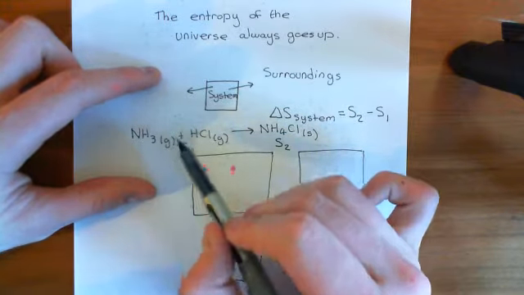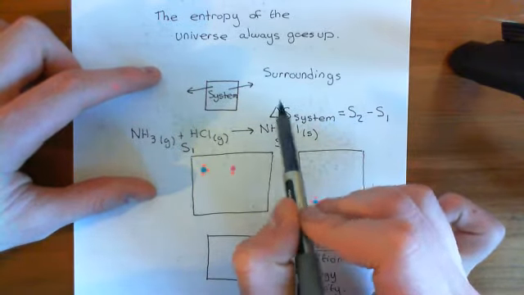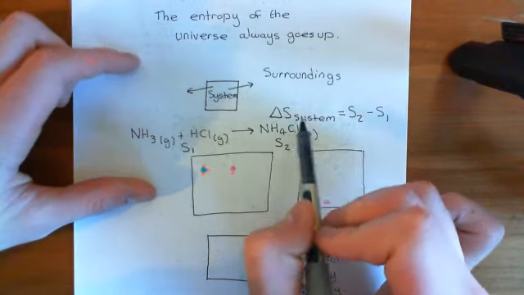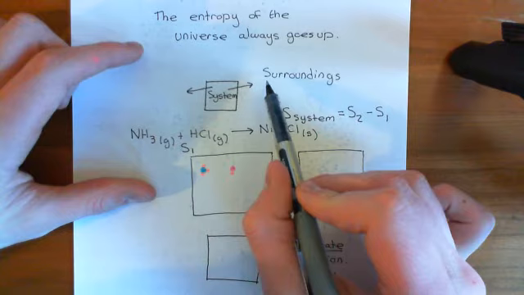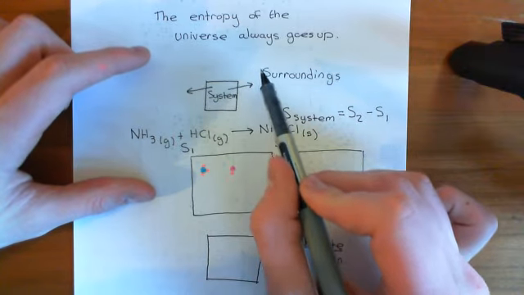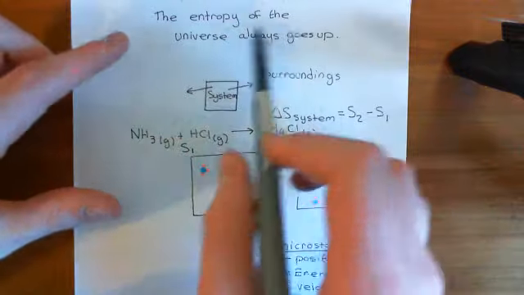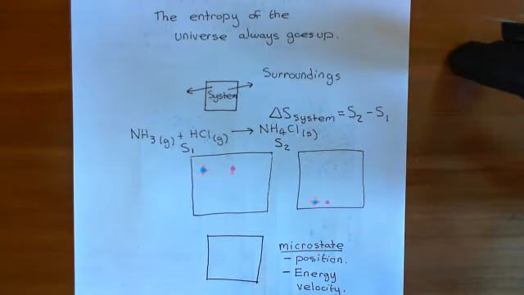Now the surroundings also has a microstate. It also has loads and loads of fundamental particles which all have a position and a velocity. Okay, now if you're adding more energy in, then you now have a much greater number of possible microstates, basically.